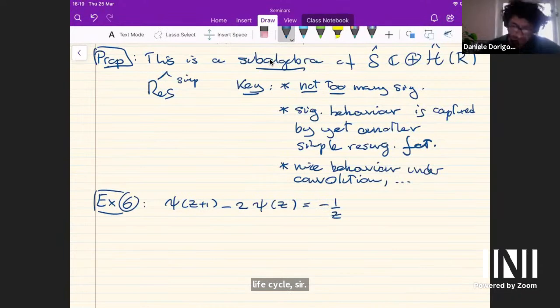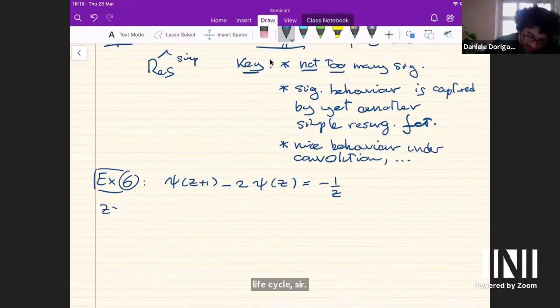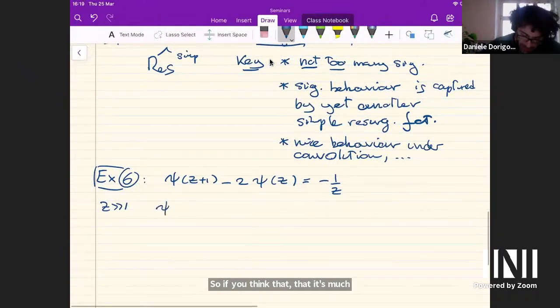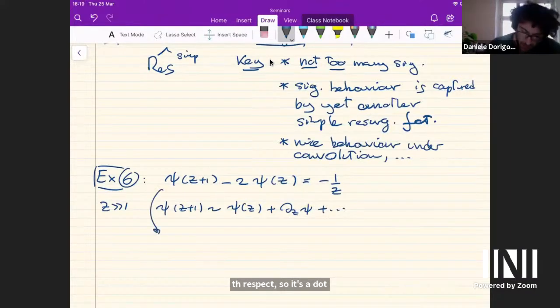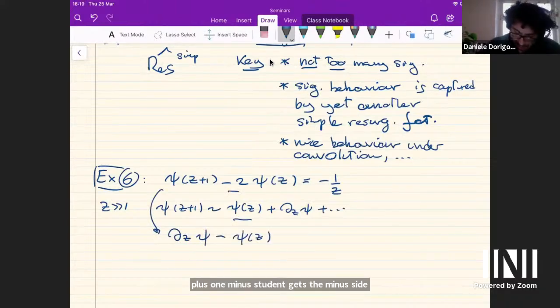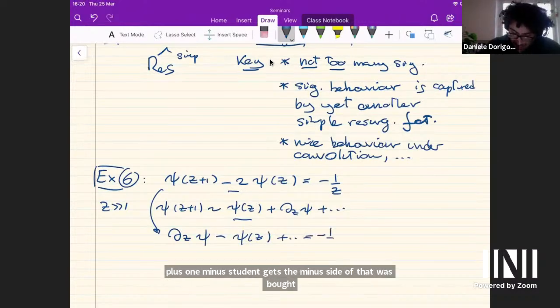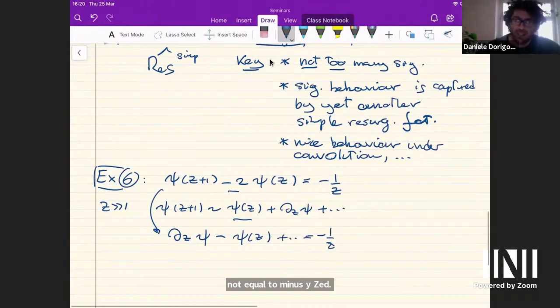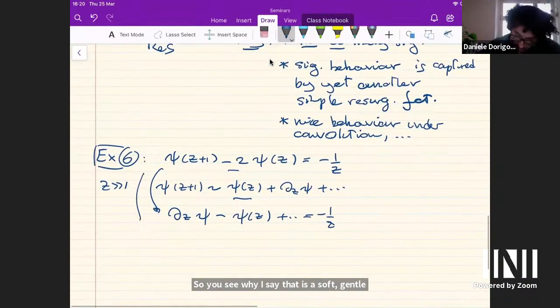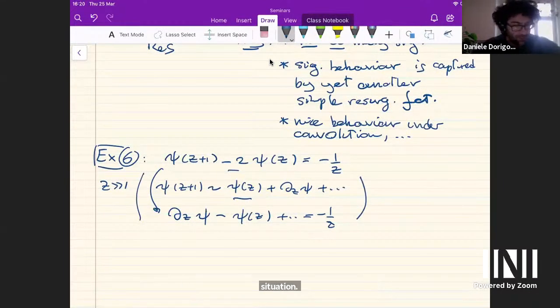If you think that z is much bigger than 1, then psi of z plus 1 becomes psi of z plus the derivative of psi of z plus ... So this problem reduces to the derivative, plus 1 minus 2 gives me minus psi of z plus ... equal to minus 1 over z. So you see why I say that it is a sort of generalization of Euler's equation. However, this is a finite difference equation.